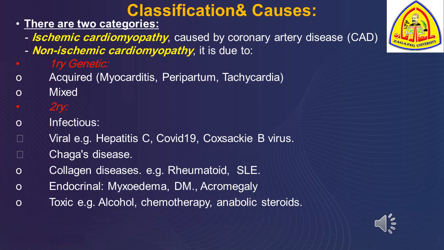Classification and causes: there are two categories: ischemic cardiomyopathy, which is caused by coronary artery disease, and non-ischemic cardiomyopathy, which is due to primary genetic causes, acquired causes like myocarditis, peripartum cardiomyopathy or tachycardia induced cardiomyopathy, or mixed.